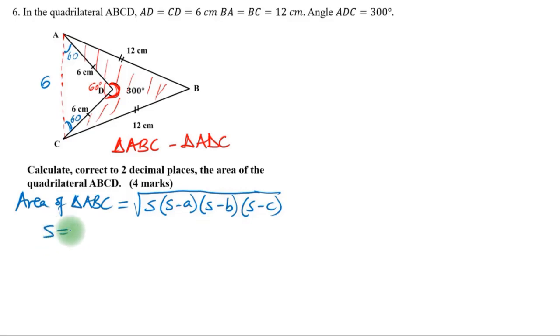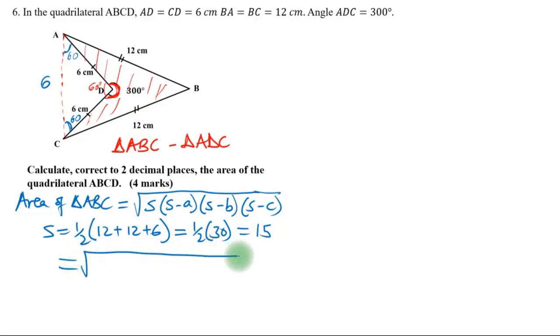Therefore, S will be half of the perimeter, which is 12 plus 12 plus 6, which will be the same as a half times 30, which is 15. Therefore, to get the area, that will be 15 multiplied by 15 minus 12, again multiplied by 15 minus 12, and then multiplied again by 15 minus the other side, 6.